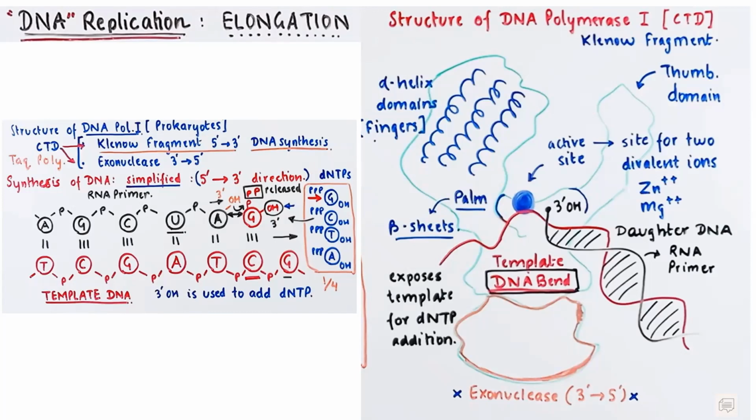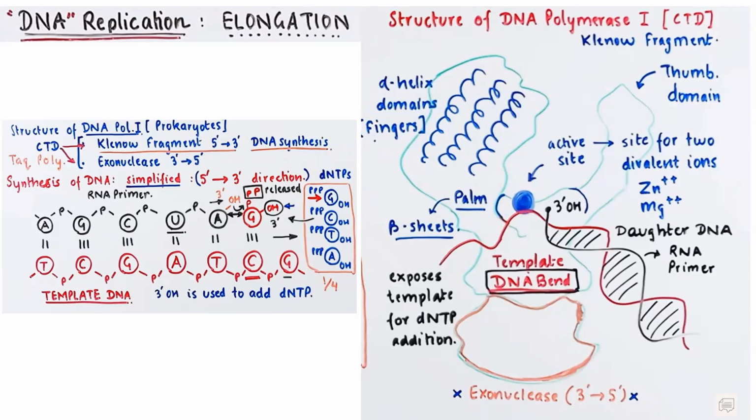Here is the structure on the right-hand side. You can see the C-terminal domain of DNA polymerase 1, the top left of this structure of the DNA polymerase, and this top right side is called the thumb domain, and the middle portion is called the palm of the DNA polymerase. The bottom side of the structure is the wrist portion. This is the exonuclease domain of the CTD.